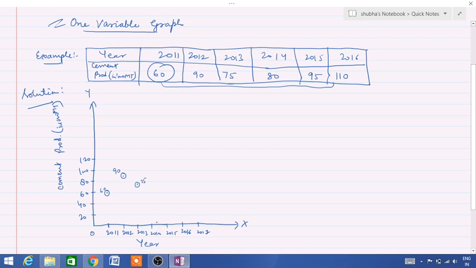Then in 2014 it is 80, I'll mark it 80. Then 2015 it is 95. 95 is somewhat near 100. 2016 is 110. It will be between 100 and 120.